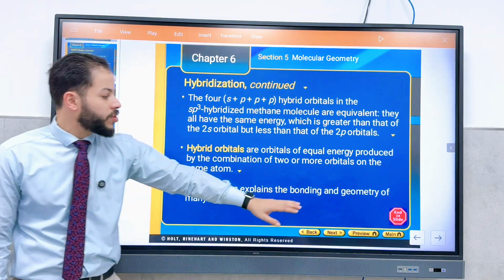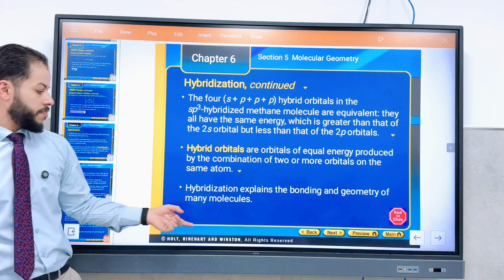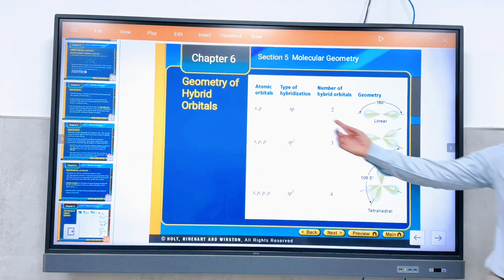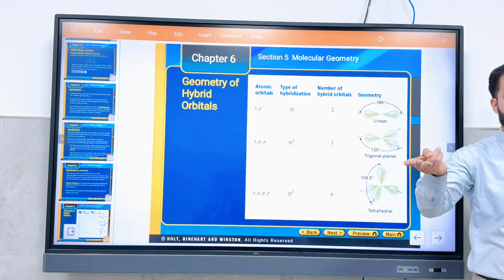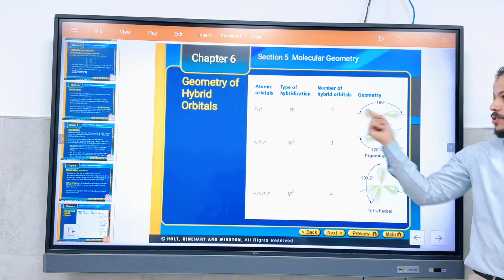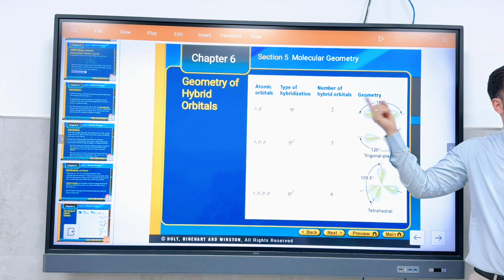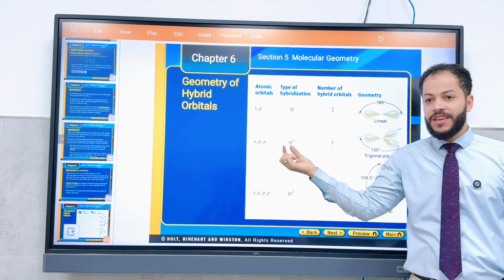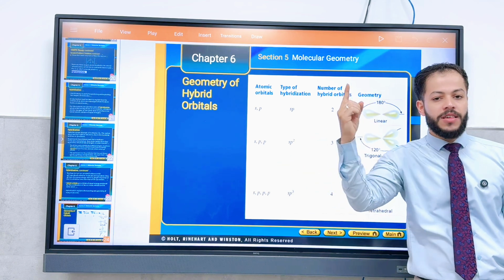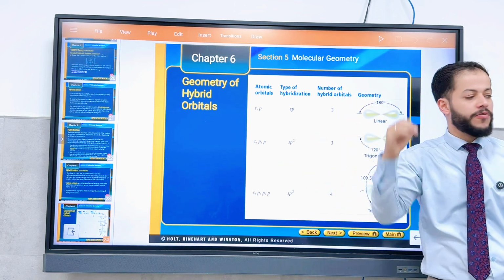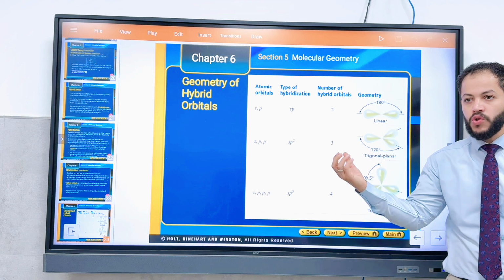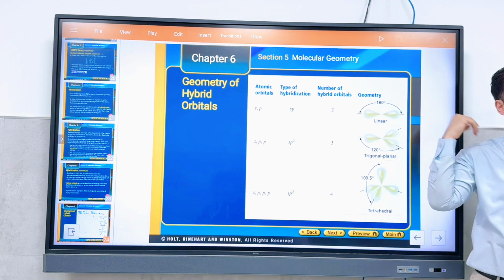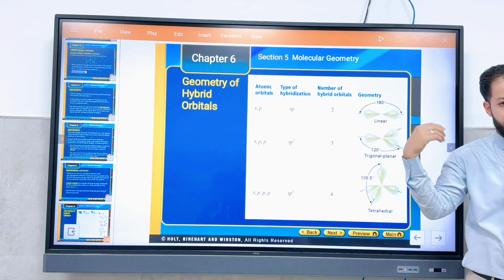Hybridization explains the bonds and the geometry of many molecules, as we see here. If it's type sp, how many hybridized orbitals form? 2. Capable of forming how many bonds? 2. To form which type of geometry? Linear. If it's sp2, this means 1s with 2p to form 3 orbitals of type sp2, forming trigonal planar, like what we take in PH3, PF3, right?